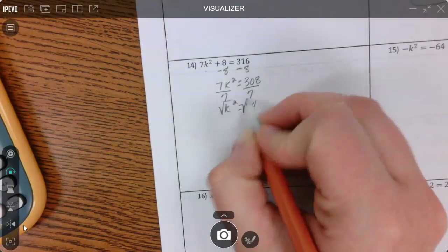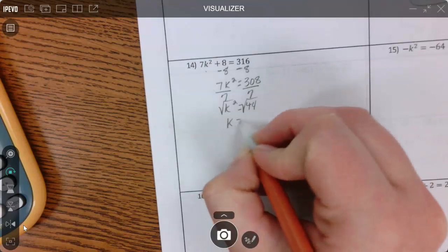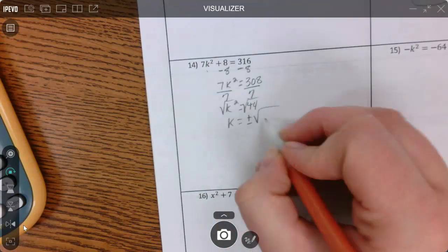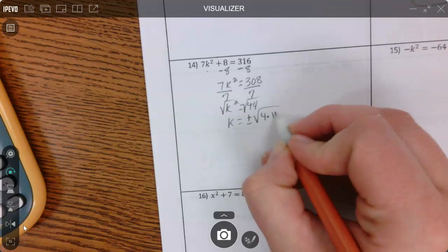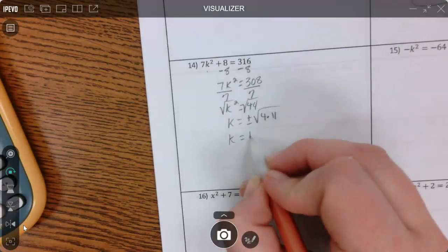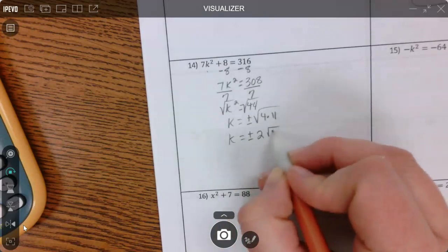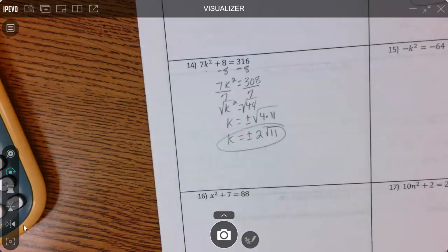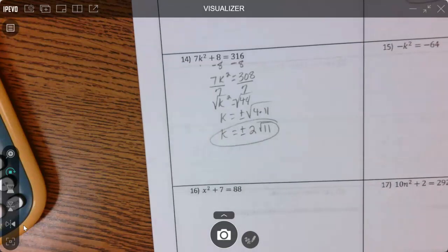So take the square root, both sides, k equals plus or minus. We can break down square root 44 as 4 times 11, and you know the square root of 4 is just 2. So k equals plus or minus 2 square root 11. Okay, I'm not writing out both solutions because I'm trying to save time.